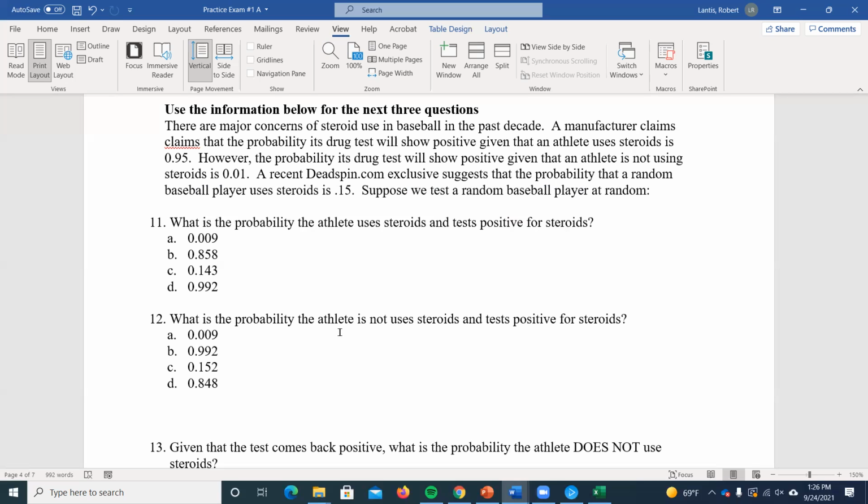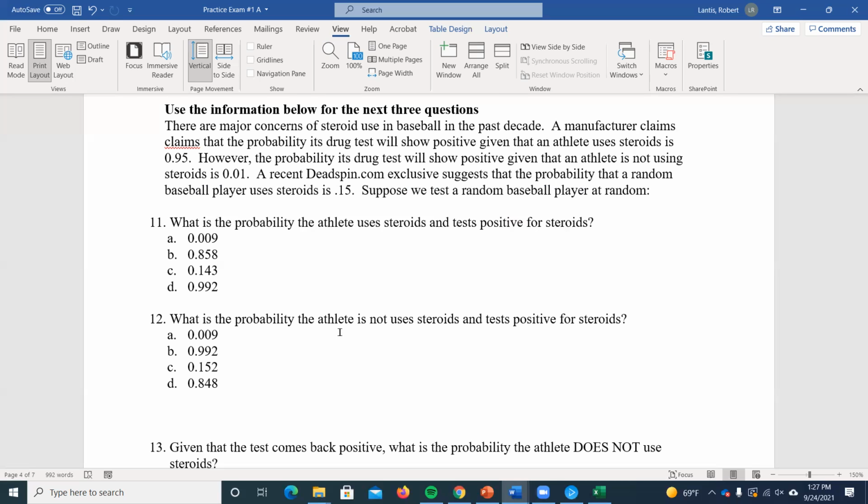This represented the probability that someone was using and the test came back positive. If we added these together, this would represent every single person who tests positive: those who tested positive and were using, and those who tested positive and were not.